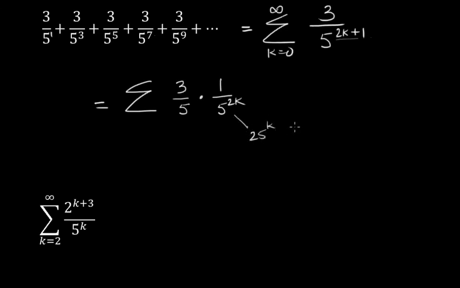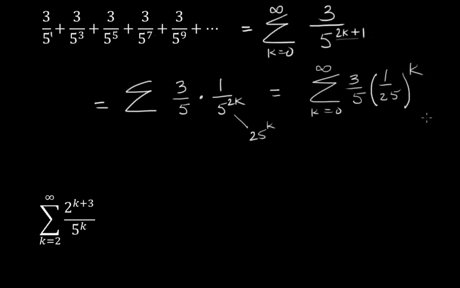Oh, well, that is 5 squared, 25 to the k. So I will write it this way. The sum from k equals 0 to infinity of 3/5, which I could factor out because I see r is going to be less than 1, and I have (1/25)^k.